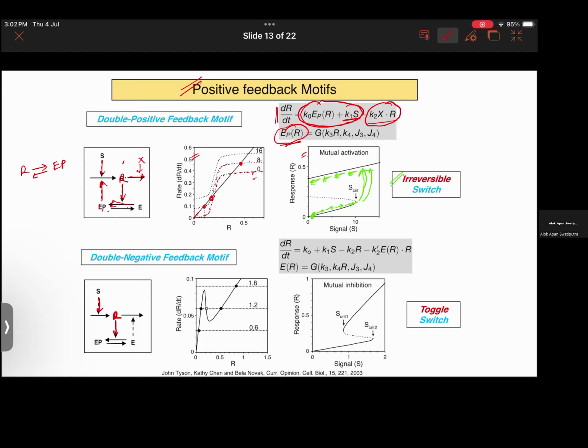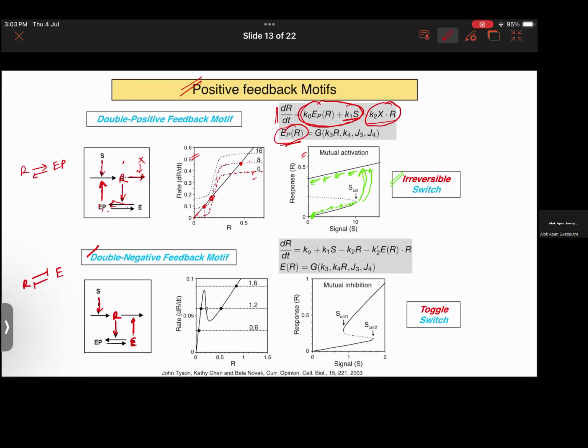And now, instead of the phosphorylated form helping in the synthesis of R, you have the non-phosphorylated or unphosphorylated form actually helping in the degradation. So essentially, R provides a negative feedback to E, and E also provides a negative feedback to R. So it's a double negative feedback.